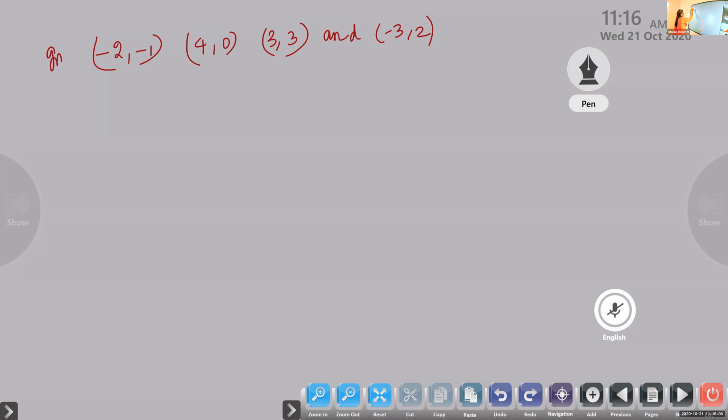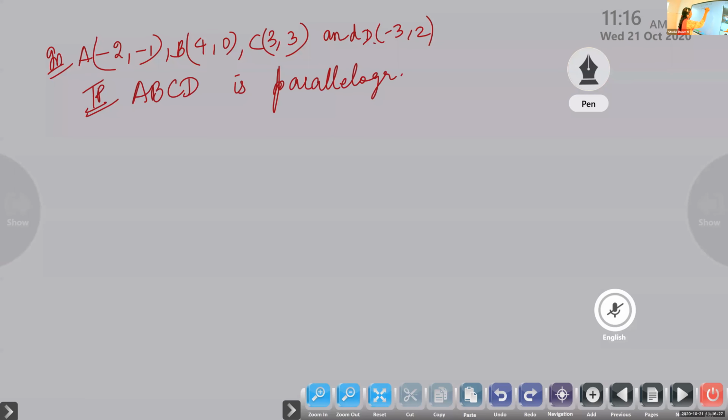Okay. So given, you can name these vertices A, B, C, and D. What we have to prove? It is a parallelogram. How will you prove this? Suppose we are using distance formula.